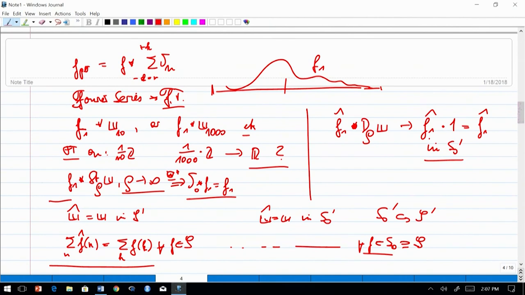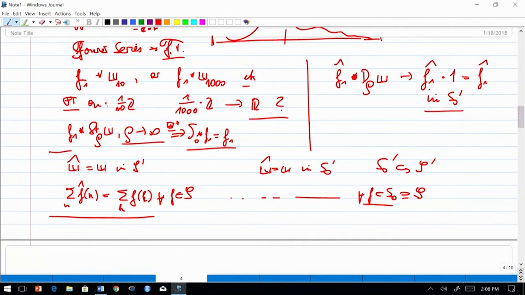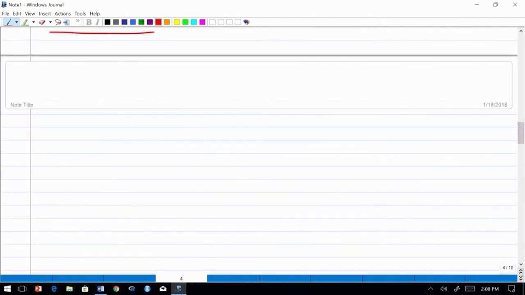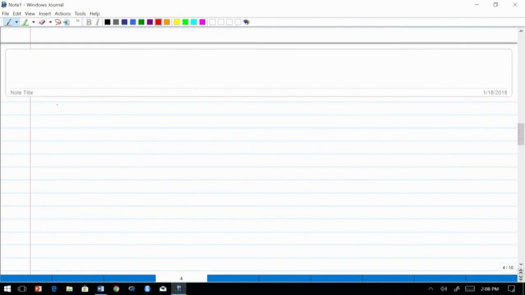And I think the last thing that is really important is the question that I will try to answer: can we use the FFT to compute f hat?